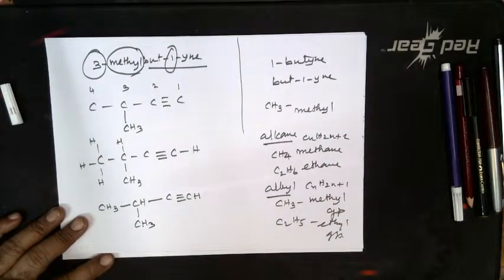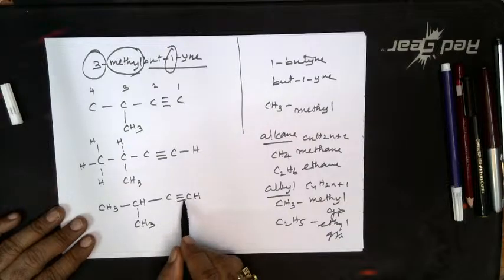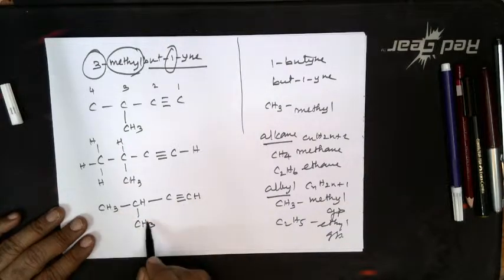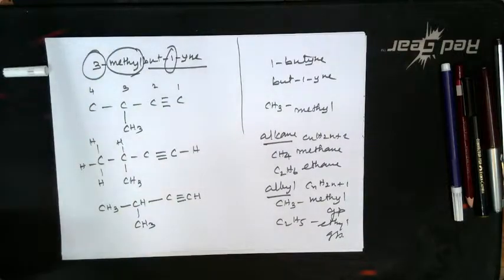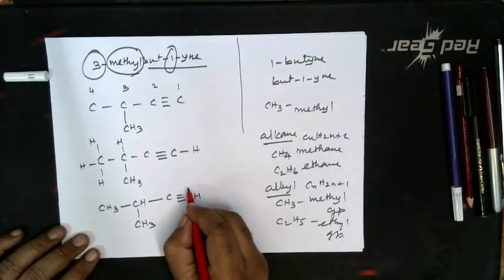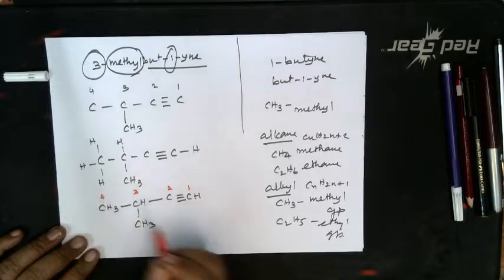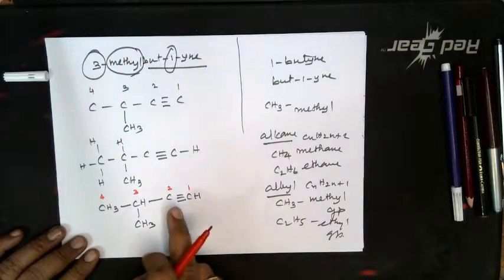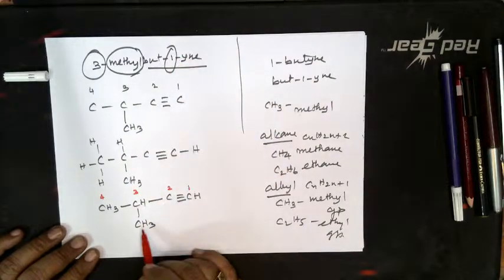Yes, sir. So what is this? But-1-yne, and this is the third position. You can mention it like this. Now this is the first carbon atom, this is the second, this is the third, this is the fourth carbon atom. So but-1-yne, and this is 3-methyl.